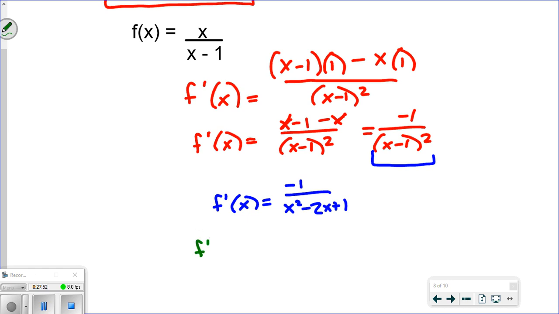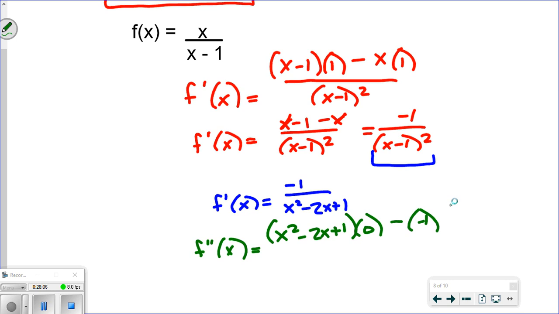Alright, so let's use the quotient rule again for the second derivative. So we know it's low. The derivative of 1, or negative 1, is 0. So all of that's gone. Minus high d low. So the derivative of the bottom is 2x minus 2. We draw our line and we square what's below.